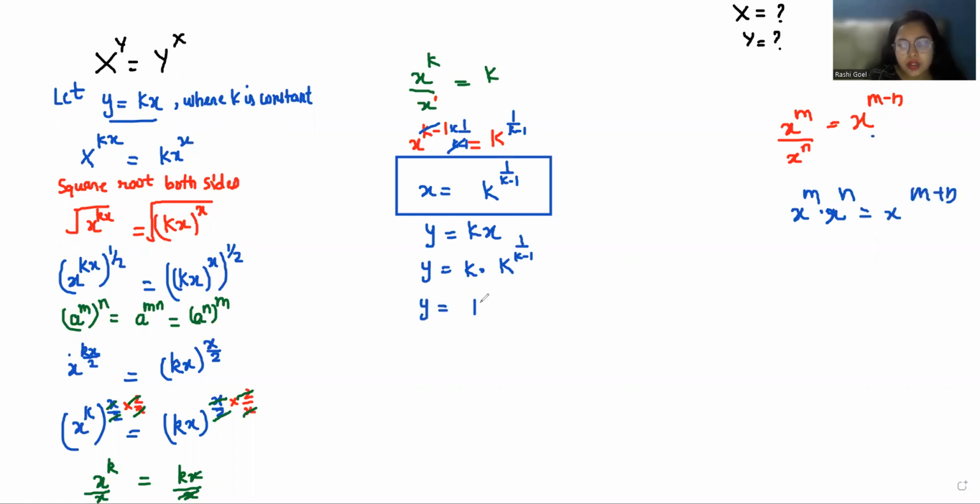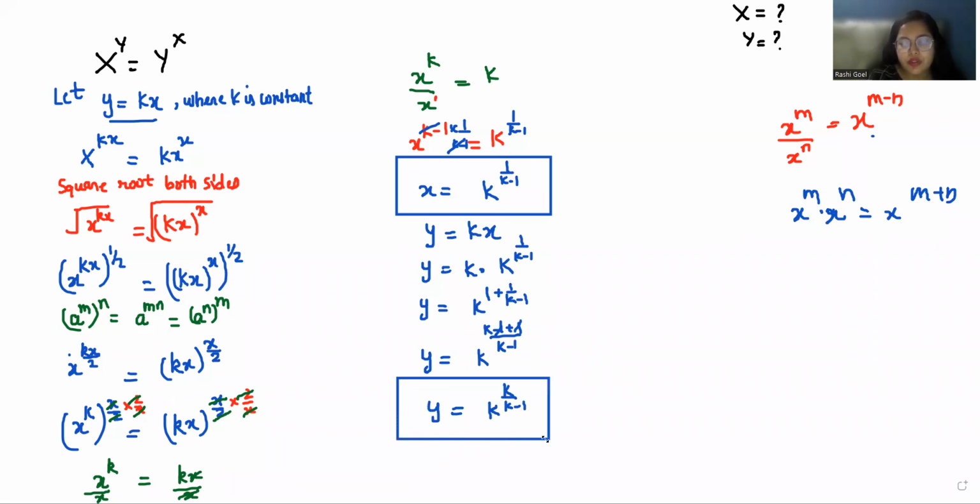So y is equal to k power 1 plus 1 by k minus 1. So y is equal to k power k minus 1 plus 1 by k minus 1. So y is equal to k power, cancel out negative 1 with positive 1, k by k minus 1. So this is the value of y in terms of k.